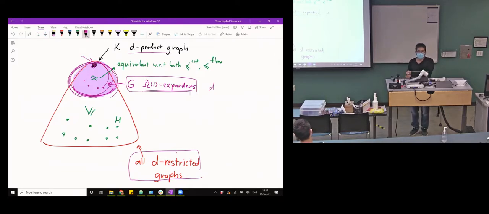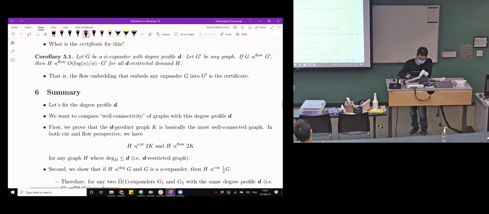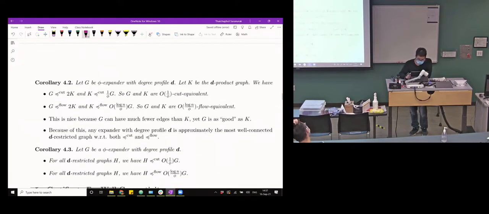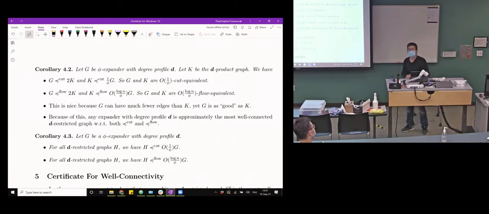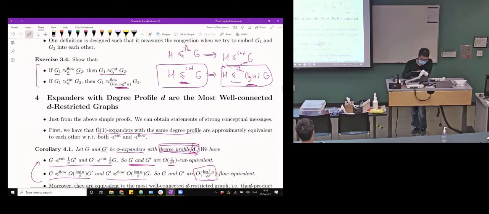Does it make sense? Okay. Question: does this equivalence have any relation to the partial order of cut and flow, or doesn't it? Equivalence just means alpha equivalent.